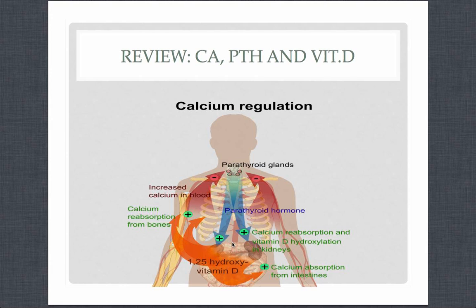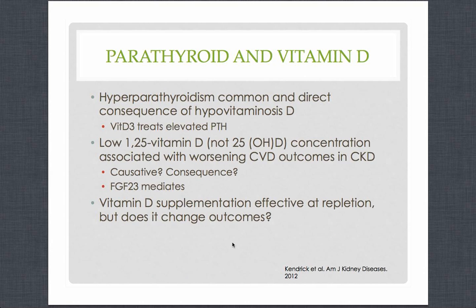And when vitamin D concentration drops, parathyroid hormone increases and is supposed to increase the activation of vitamin D. But when the activation of vitamin D is impaired, such as in chronic kidney disease, you can end up with hyperparathyroidism without necessarily seeing elevated vitamin D or adequate active vitamin D. So hyperparathyroidism is common and is a direct consequence of hypovitaminosis D. Vitamin D3 does treat elevated parathyroid hormone if that's the cause.